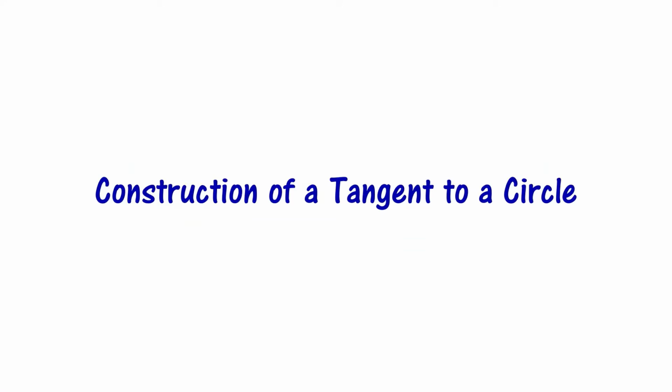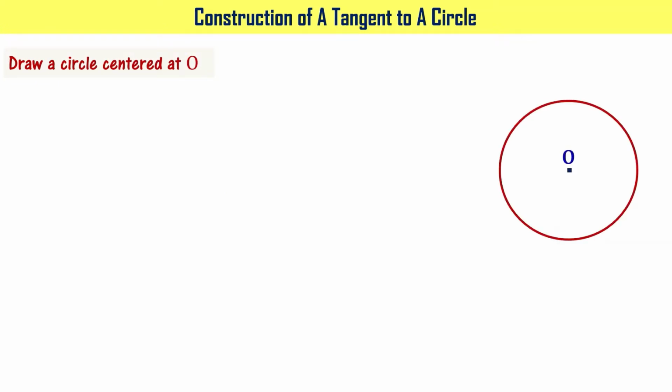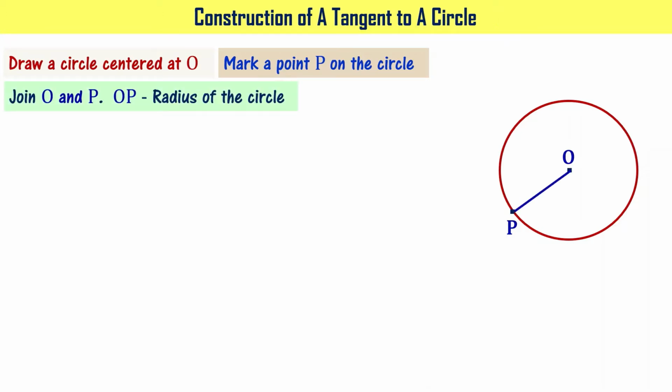Let's learn about construction of a tangent to the circle now. Let us draw a circle centered at O as shown in the figure and mark point P on the circle. Let us draw a tangent to the circle through this point P. To do that, let me first join points O and P. OP is the radius of the circle, right?